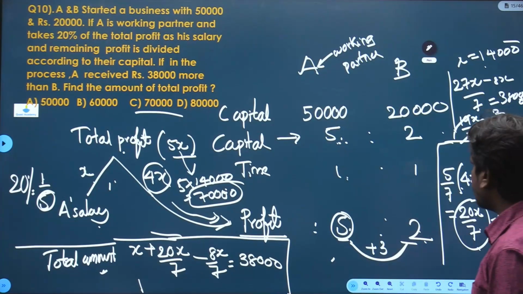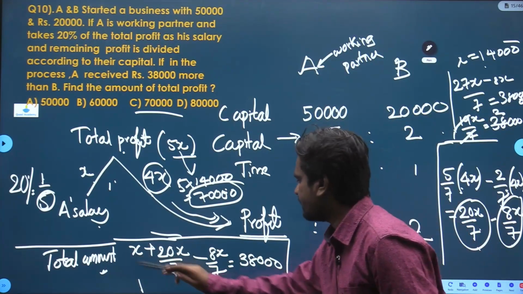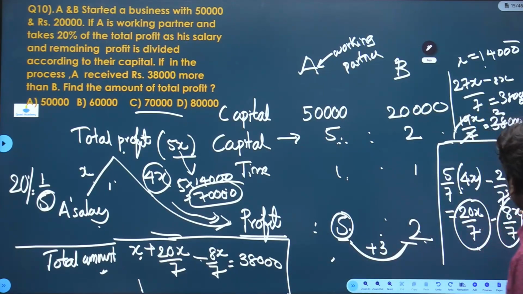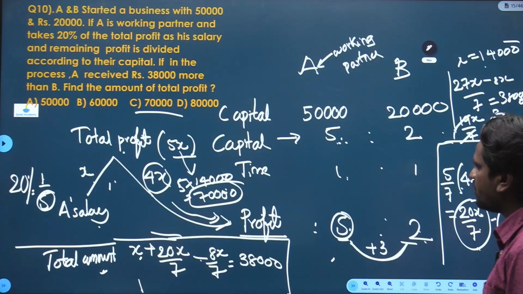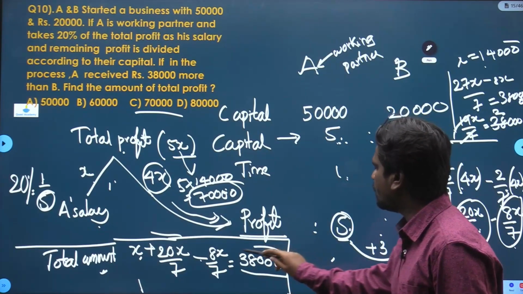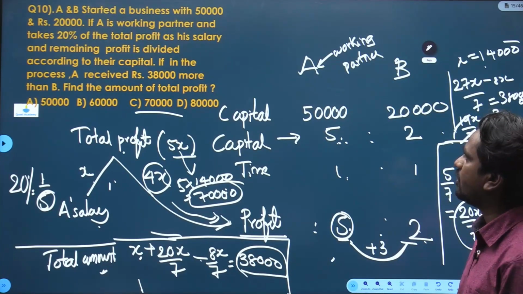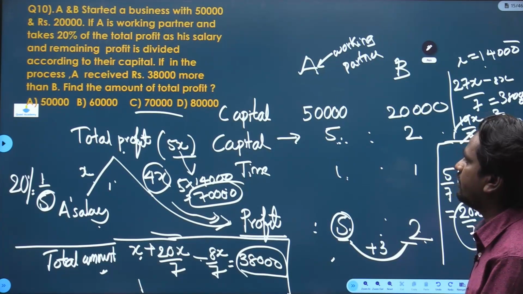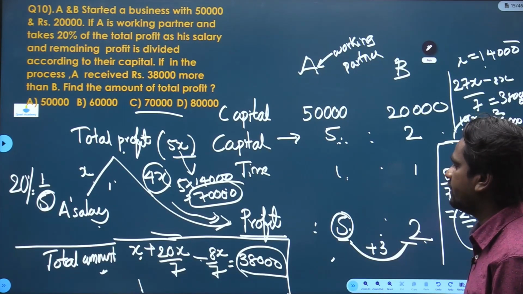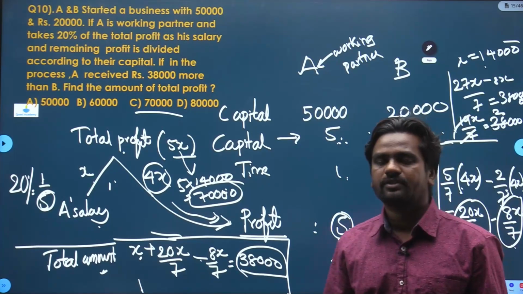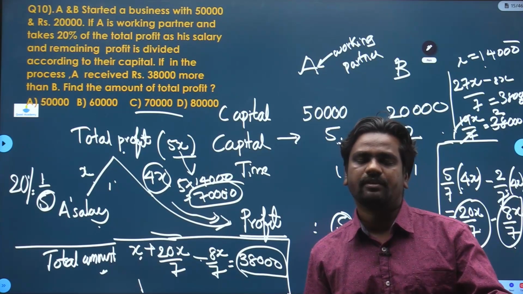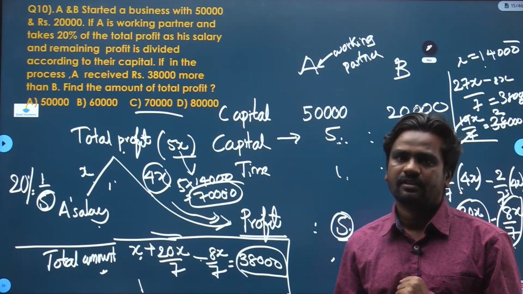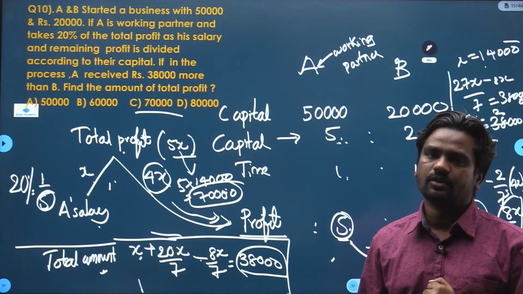A's total amount received is salary plus profit, minus B's profit, and that is nothing but 38,000. How are we getting 38,000? Because he is getting 38,000 more than B. So the total amount he is receiving minus the amount B is receiving is nothing but 38,000.